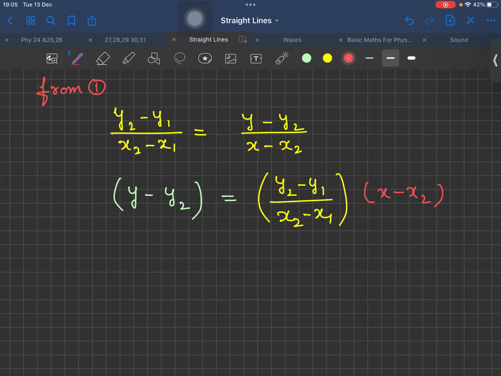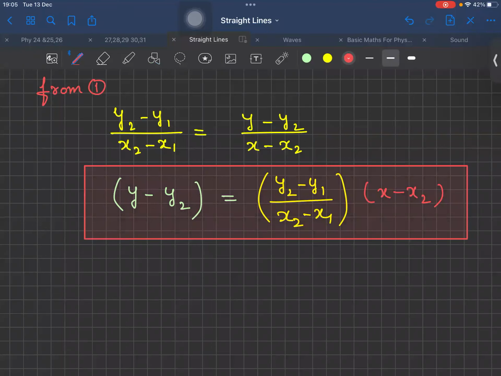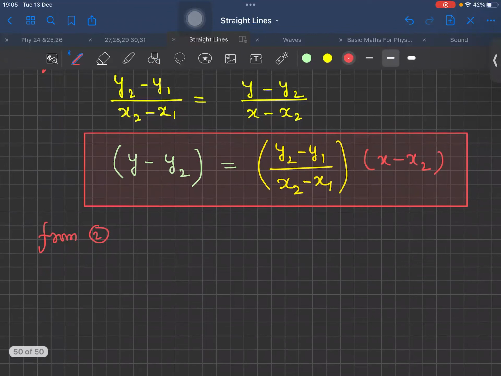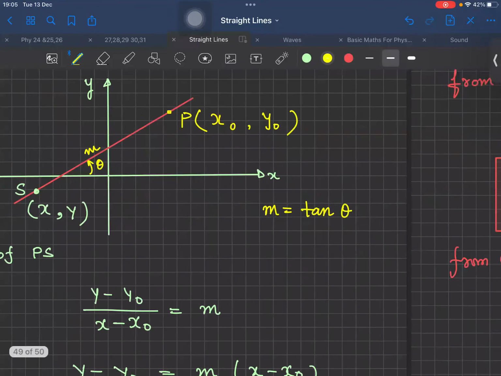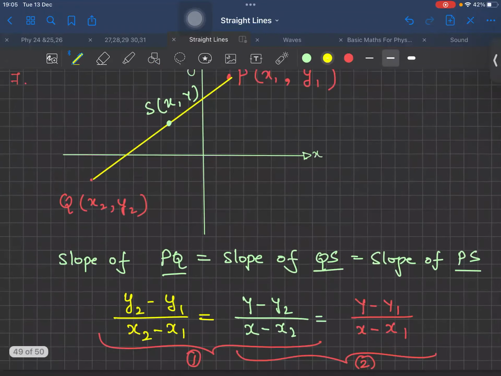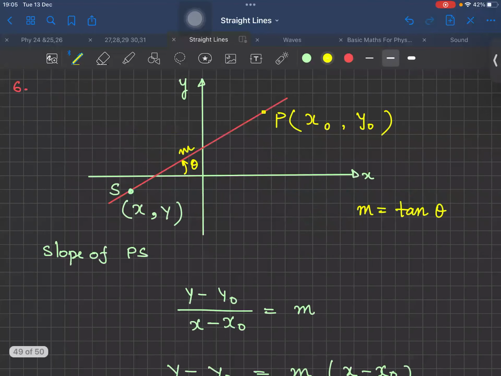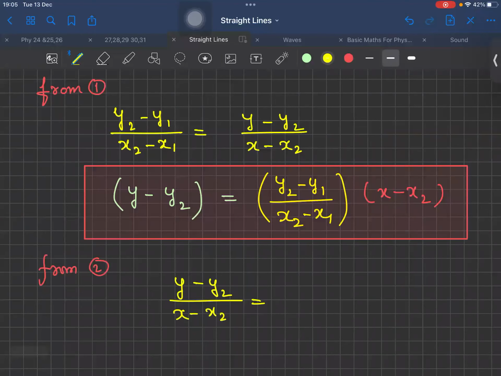Now, what same equation can we get from 2? From 2, if you write the slope, y minus y2 upon x minus x2 should be equal to y minus y1 upon x minus x1.